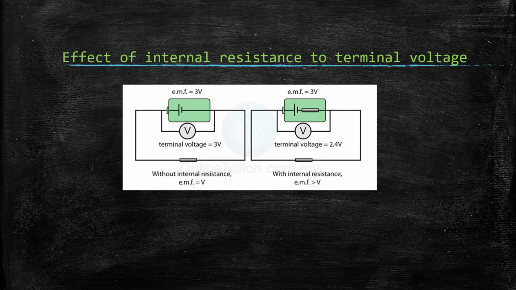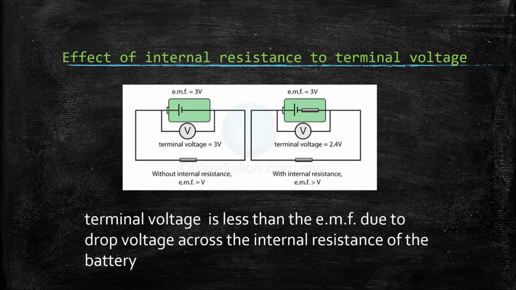Without internal resistance, the reading of the voltmeter, which is the terminal voltage, is equal to the EMF, but during current flow with the internal resistance, the terminal voltage is less than the EMF due to the voltage drop across the internal resistance of the battery.